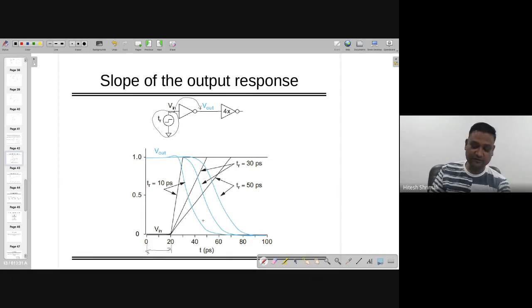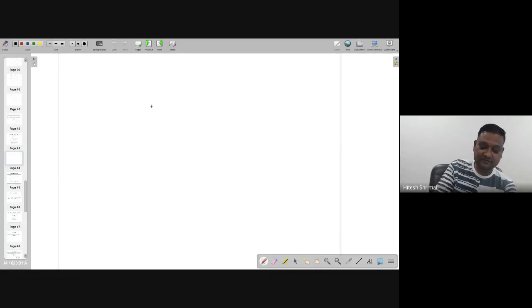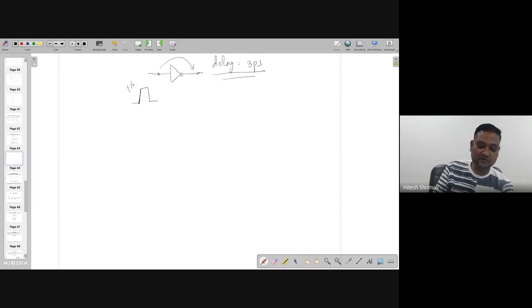But this whole thing is depending on the slope of the input. When you say that this is an inverter whose delay is, say, 3 picoseconds, this is only true when you are giving the slope with a change of 1% or 2% or something like that.